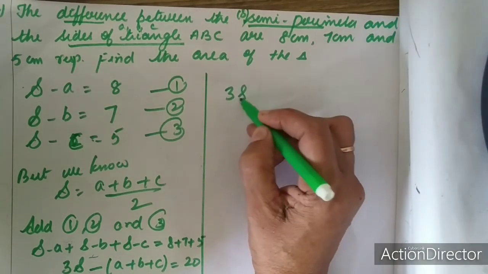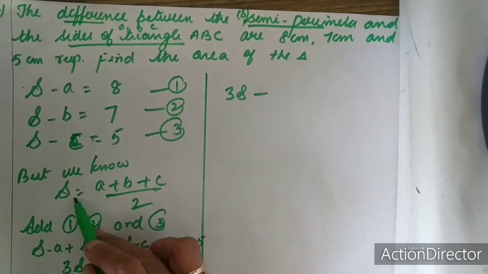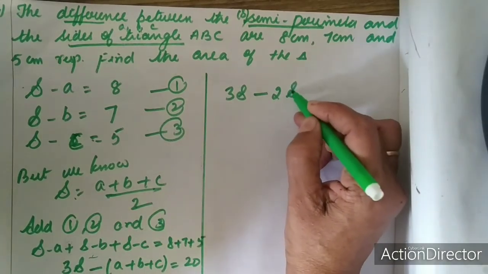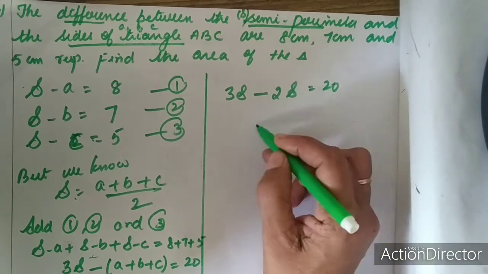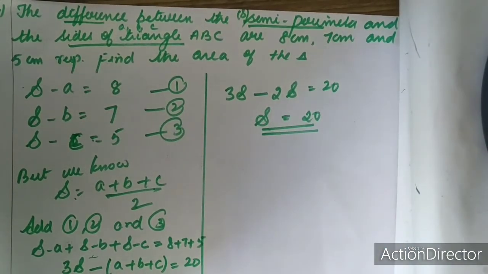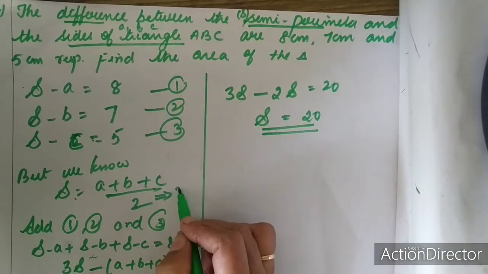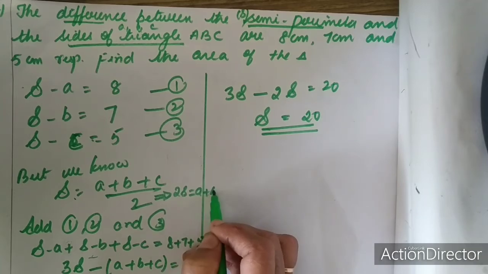So 3S minus A plus B plus C, I can write it as 2 into S. So 3S minus 2S is equal to 20 or S is equal to 20. The value of semi-perimeter is equal to 20 over here. So you can write here, implies 2S is equal to A plus B plus C.